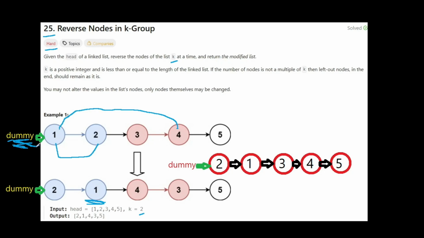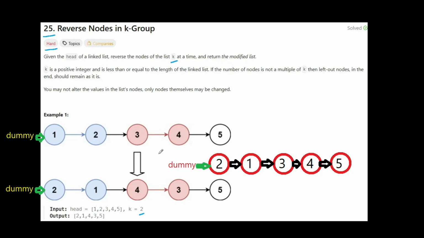And we also need to connect before to 2. So dummy will be connected to 2 as you see here, and 1 will be connected to 4 as you see here.